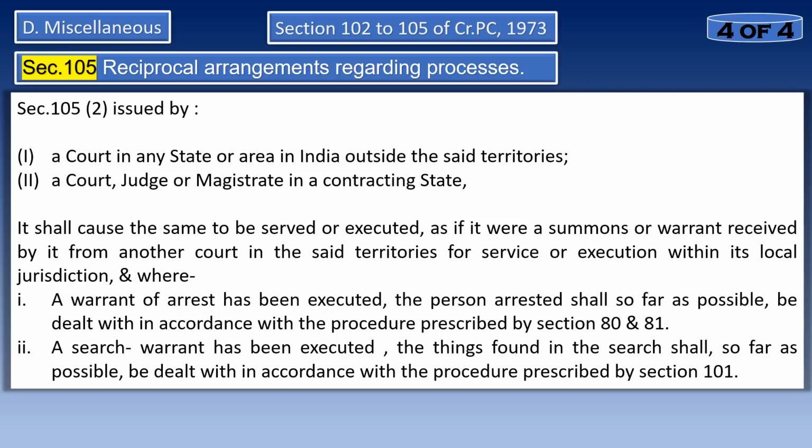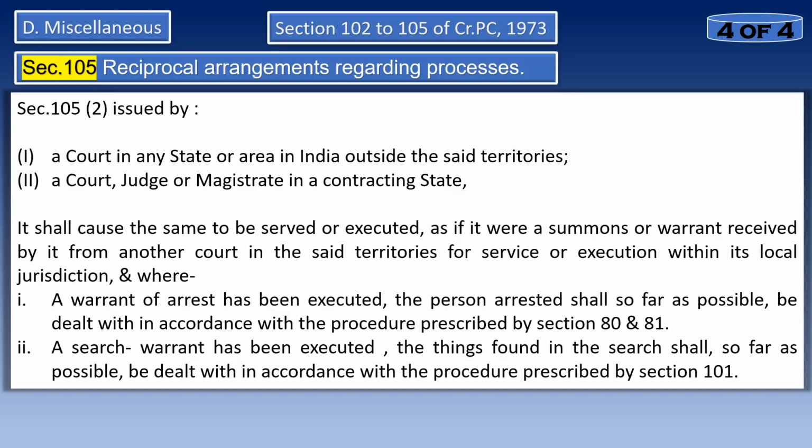Subsection 1 of 105 says there is a reciprocal arrangement between the states. The second part of subsection 1 of 105 has a reciprocal arrangement between the countries as well, where India is seeking service of a summons or a warrant for the production of a thing or a document or a person from other countries, the contracting countries.